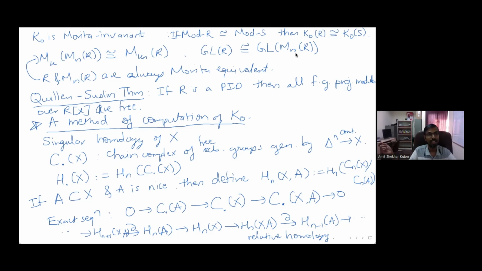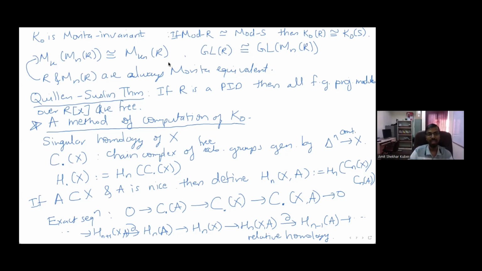On the left hand side, it is also the direct limit of all GLnRs. So the direct limit of all GLnRs and the direct limit of all GLkn of MnRs are isomorphic. These two direct limits are the same. Sir, how are you identifying this as the isomorphism? For that, you first have to do this particular exercise.